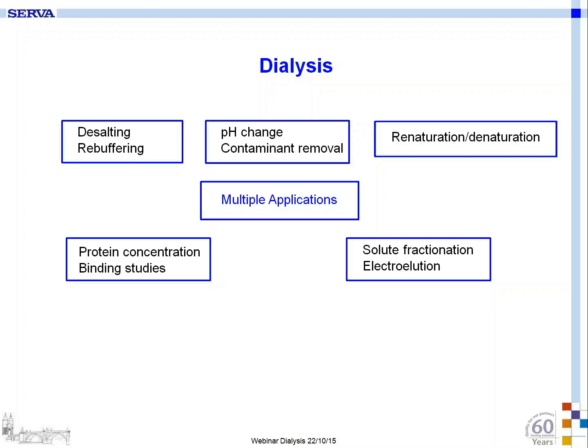You can remove small molecules like dyes or detergents or other reducing agents and other components which might interfere with downstream applications like mass spectrometry or chromatography. You can use it for renaturation and denaturation of proteins. For example, renaturation can be used to restore enzymatic activity of trypsin or other enzymes.